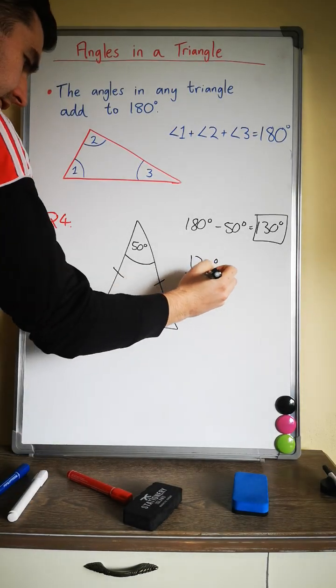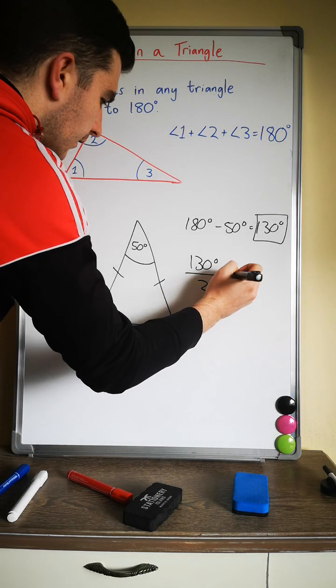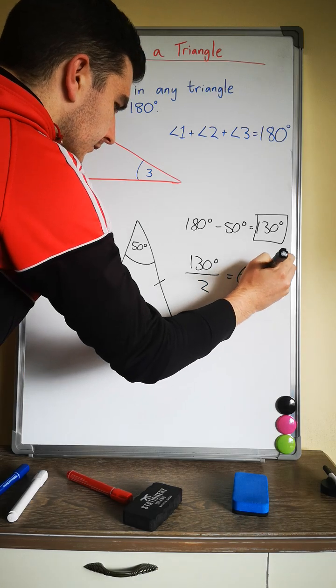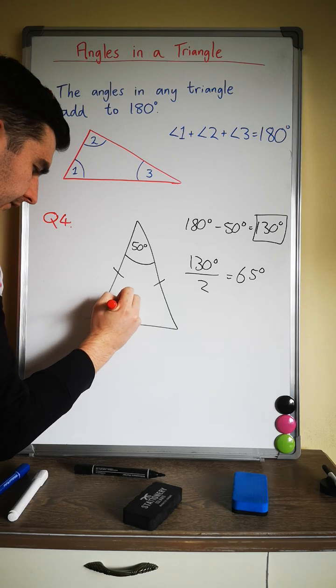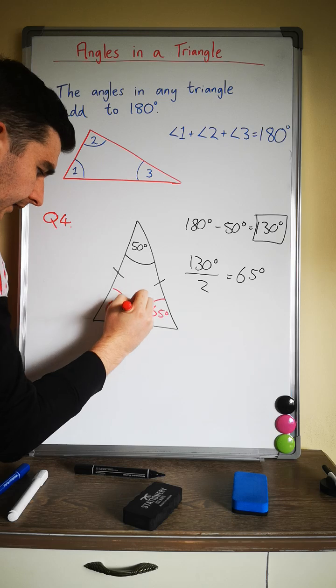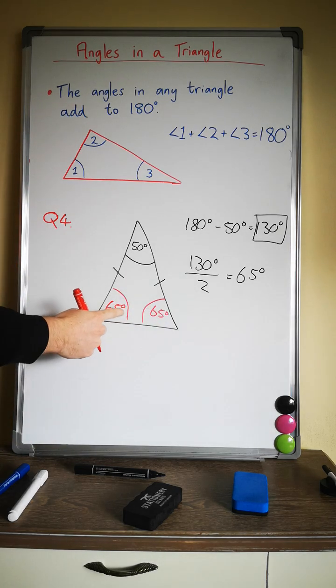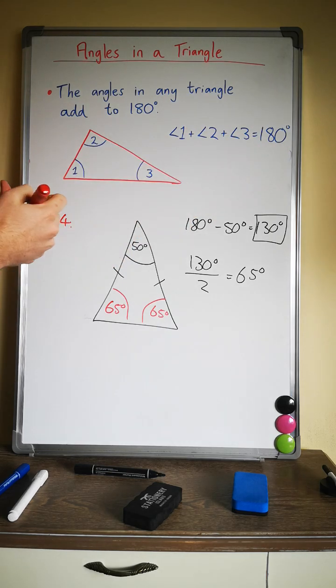You divide 130 degrees by 2 and you get 65 degrees. So you can put them in, in red: 65 degrees and 65 degrees. And again, if you add up all these angles, 65 plus 65 plus 50, you get 180 degrees.